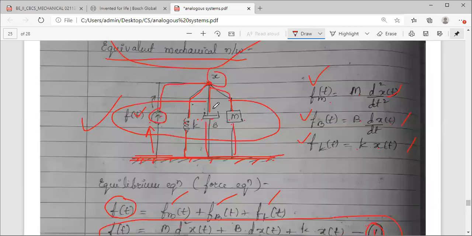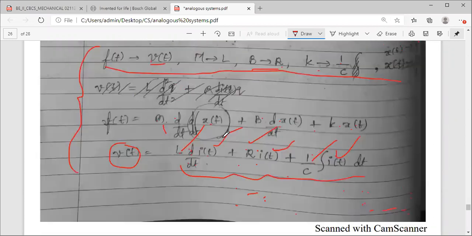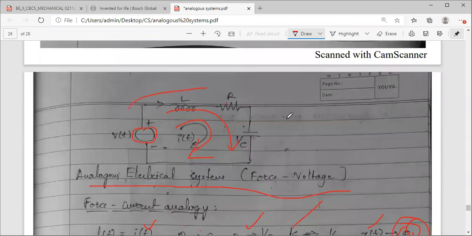See, this is K, damper B and mass M. Equivalent quantities for force-voltage are different. If K corresponds to an L in one case, then in force-current you will get a capacitance. Equivalent quantities are important. So whatever is connected in parallel, you convert to series. That will be your force-voltage analogy.